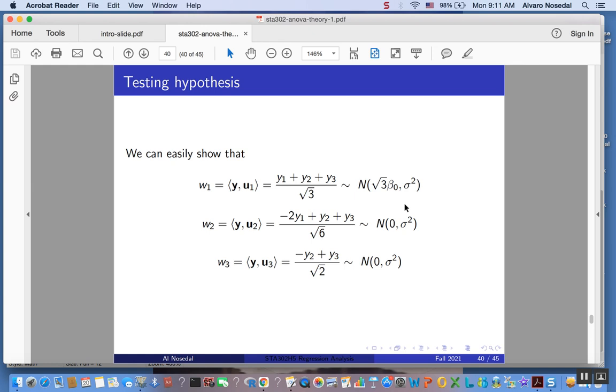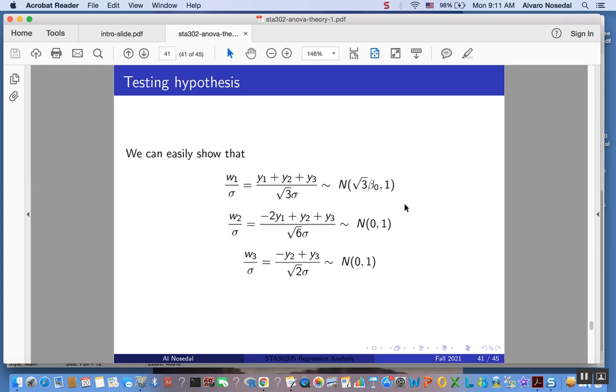Now, let me show you the next slide. If we divide by sigma, then the mean is not going to change, but what's going to change is the variance. Make sense? So basically what you're doing here is trying to standardize this guy.